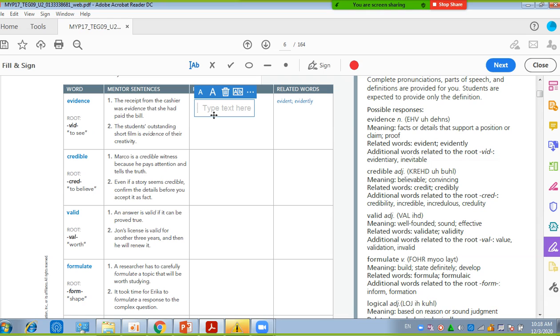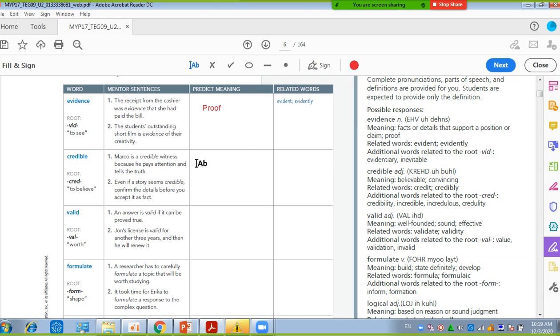So evidence means proof. Also, you can read here with me the meaning of evidence: facts or details that support a position or claim. It means proof.